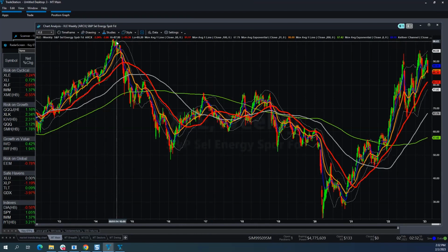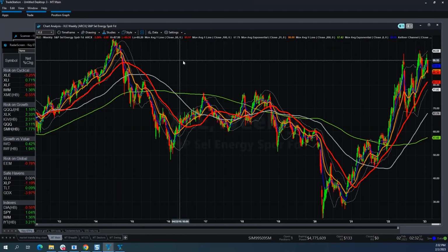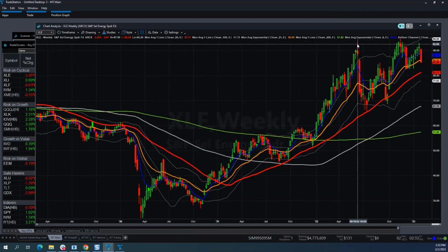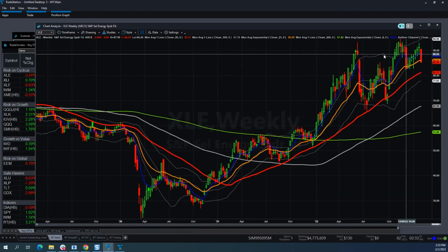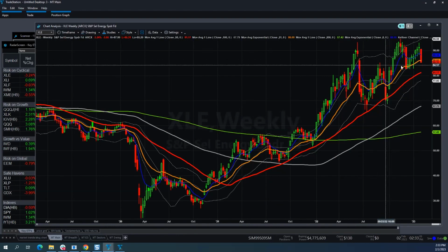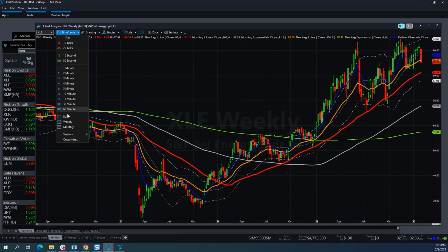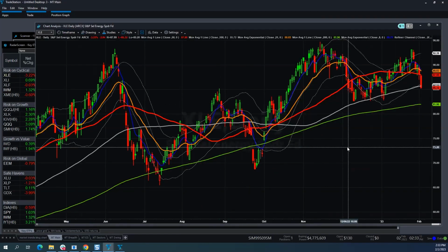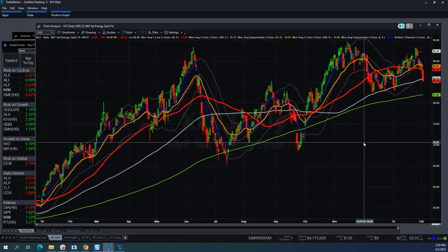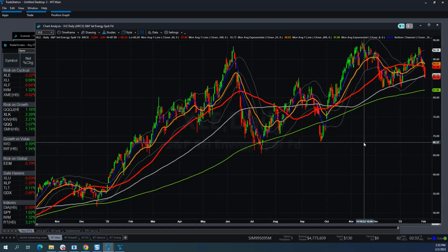This level from 2014, we never reached. But still, if you look at this on a weekly chart, if you're looking for something that is stalling, this is starting to have that look. So my perspective here is that energy is under pressure, and that's a good thing for everybody else.